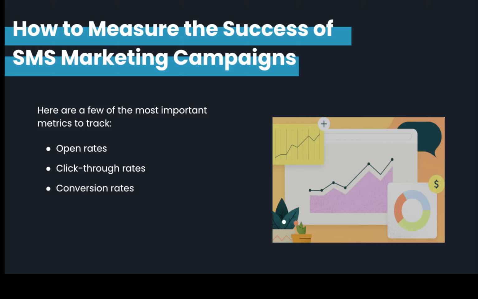In general, you'll want to track the open rate or the click-through rate, as well as the conversion rate. These percentages are essentially the key metrics in determining how successful your campaigns are. It helps to use details such as keywords or coupon codes that are easily trackable, by seeing how many customers are actually redeeming those coupons or replying to the message with a call out keyword. So those are easily trackable.